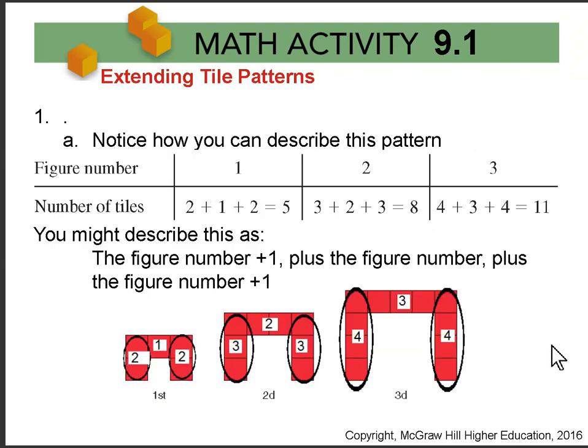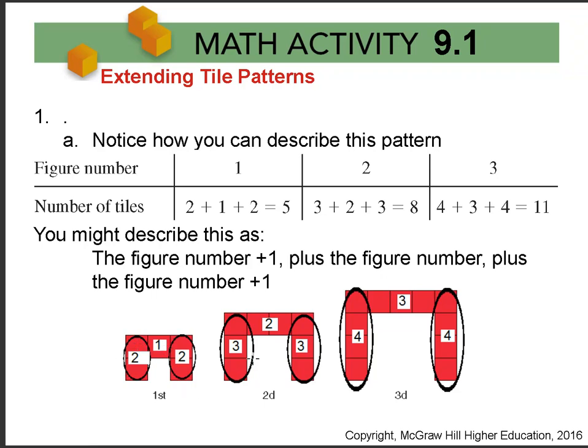For a little assistance with this, I have marked up the color tile sequence here so you can see where these numbers came from. So for 2 plus 1 plus 2, you can see we have 2, 2, and then 1 at the top.